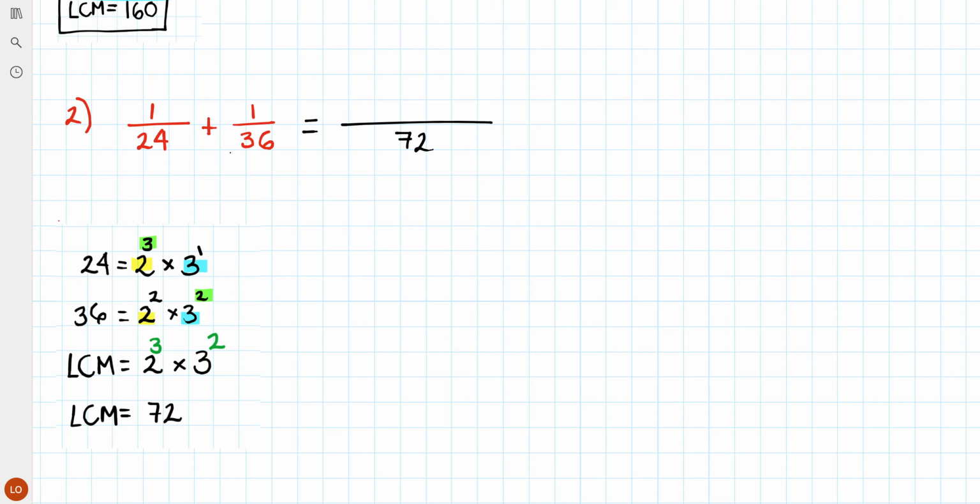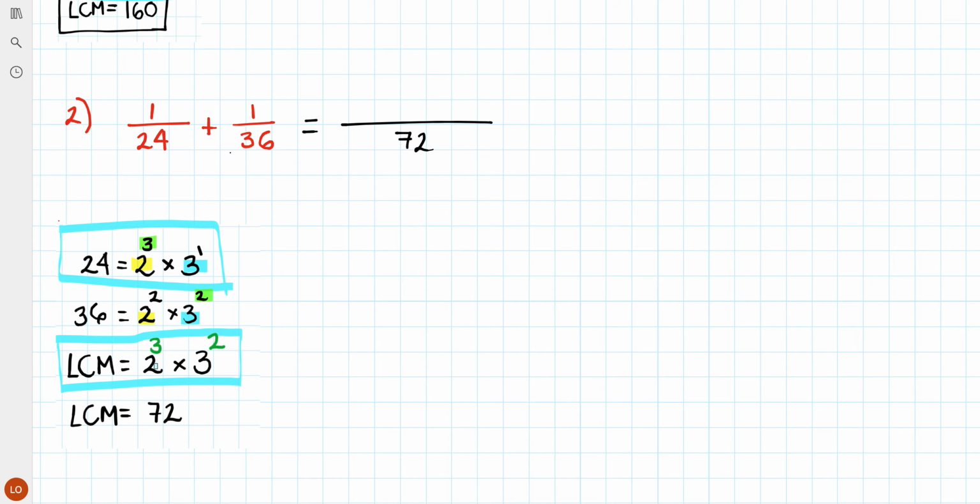Now we're going to use exactly the same logic that we did before. We're going to look at my lowest common multiple, and I'm going to look at the 24. What does my lowest common multiple have that my 24 is missing?